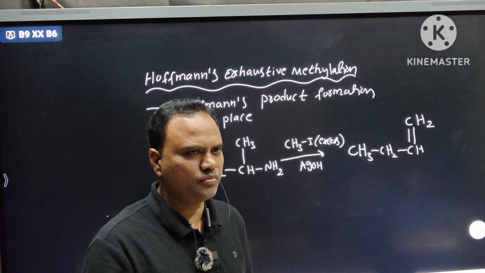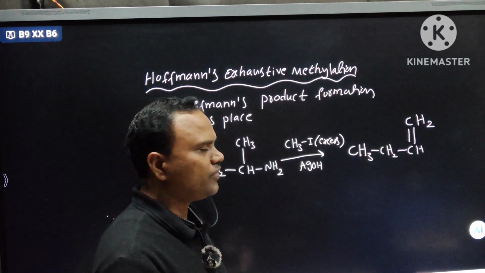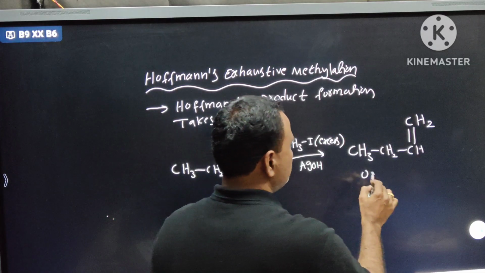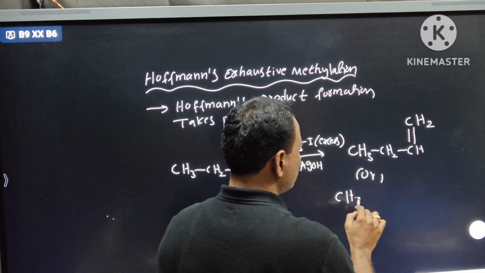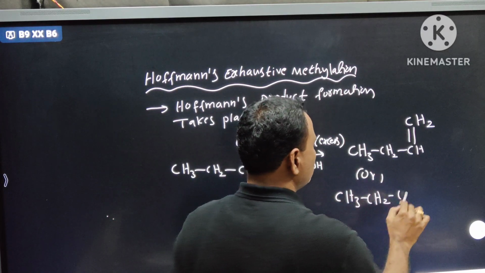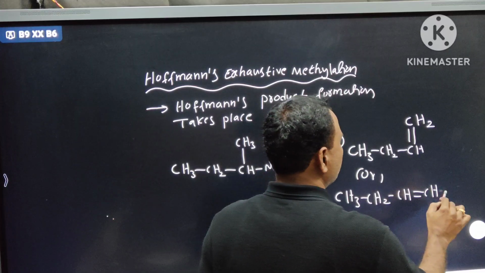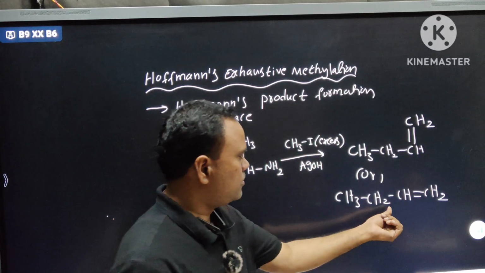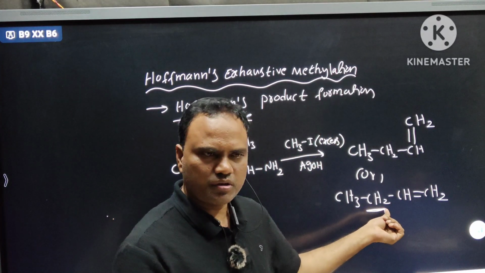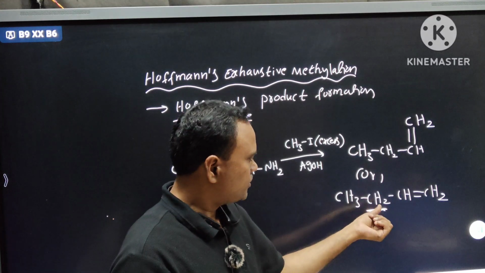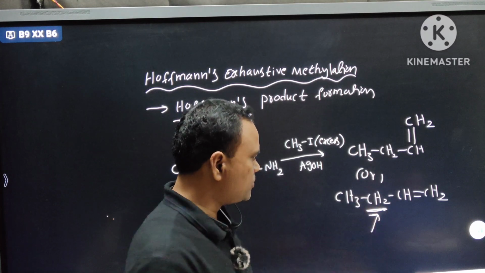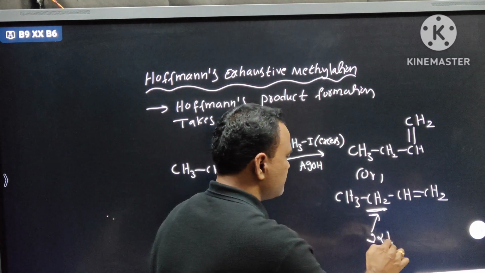Using alpha hydrogens. Let us draw this in another form: CH3, CH2, CH double bond CH2. This position is the alpha position. How many alpha hydrogens are present? Only 2 alpha hydrogens are present.